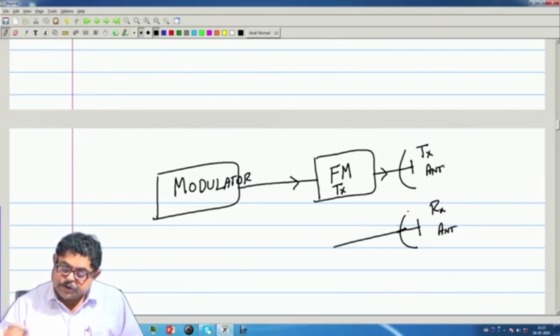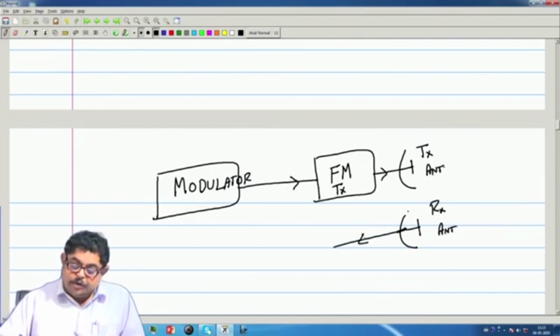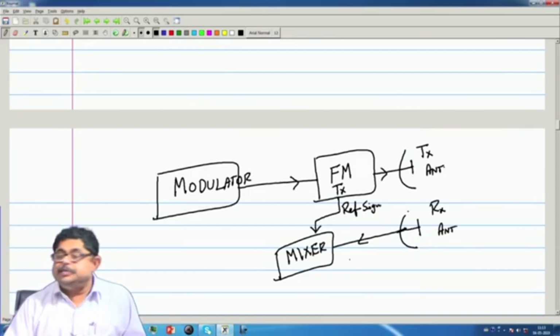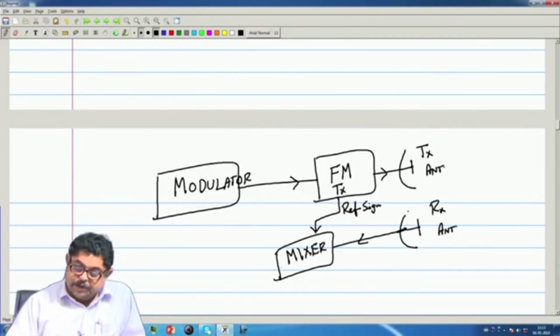The signal coming here is put to an RF mixer, and in that RF mixer a reference signal is also brought from the transmitter. The mixer is fed with the received echo and this reference signal, and the beat frequency is produced.